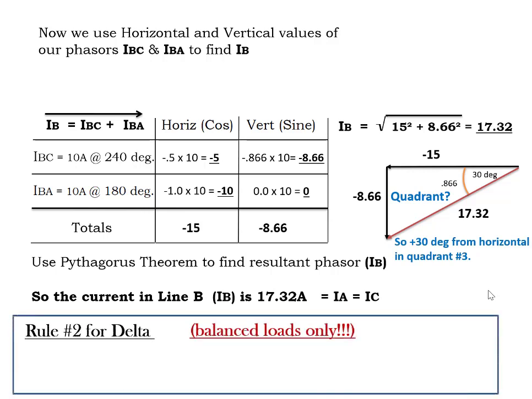And again, rule 2 for delta is that line current equals phase current times root 3. The 10 amps that was our phase current times square root of 3 will give us 17.32 amps.